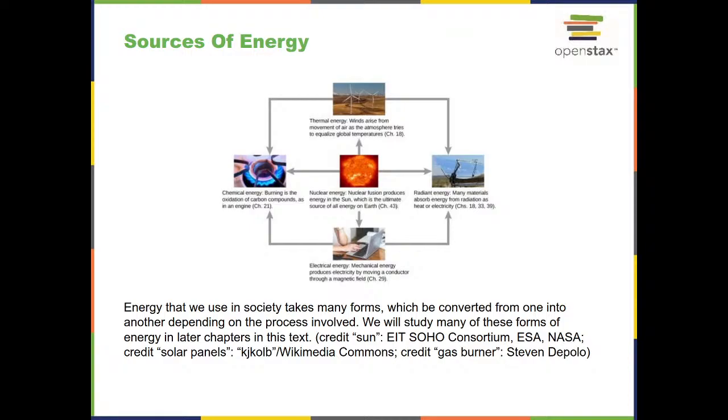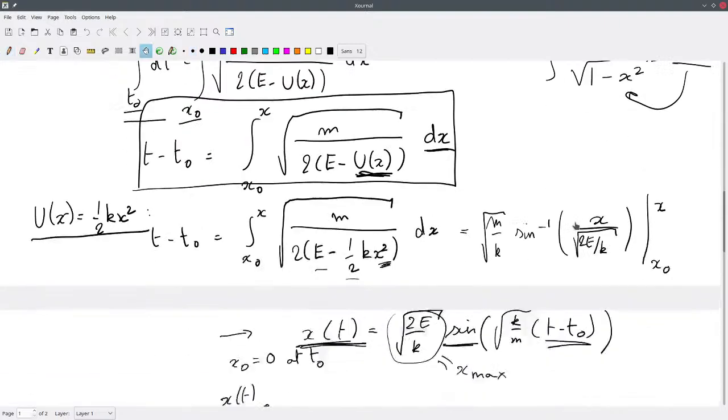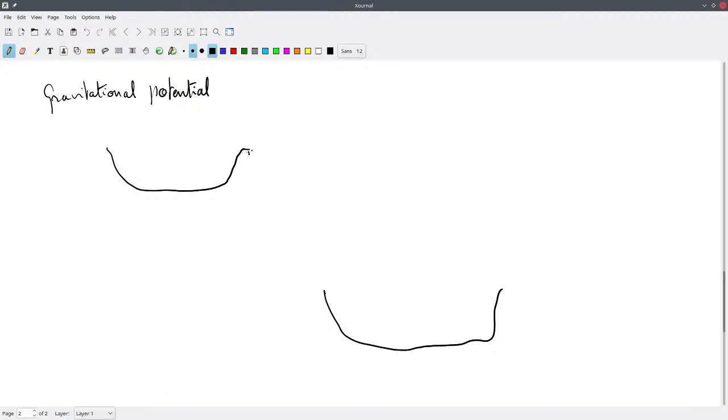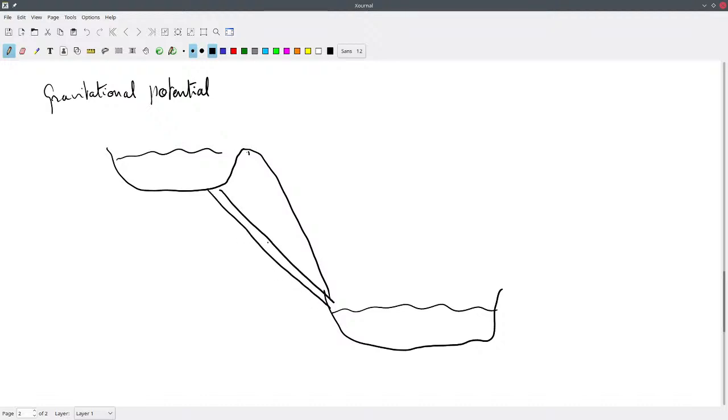So in this case, maybe I should make a drawing. Oops, where am I here? There we go. So gravitational potential energy. So that's when we have a reservoir here and a reservoir here, and typically, obviously this is on the side of the hill, and we have a hydropower plant that allows to either pump water up and expend energy, or that allows the water to flow down.